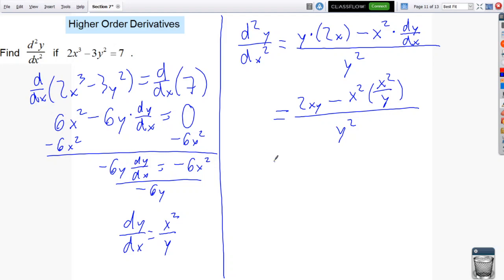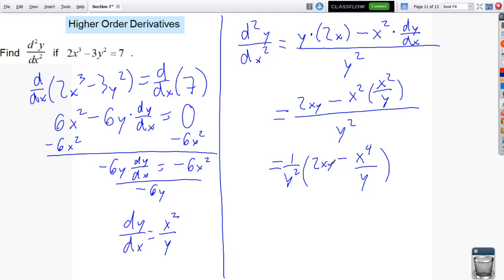In order to get those fractions out of there, I can change this divide by y squared into multiply by 1 over y squared. And again, this part is just cleaning stuff up. In this numerator, I'm going to have 2xy minus x squared times x squared gives me x to the 4th over y.